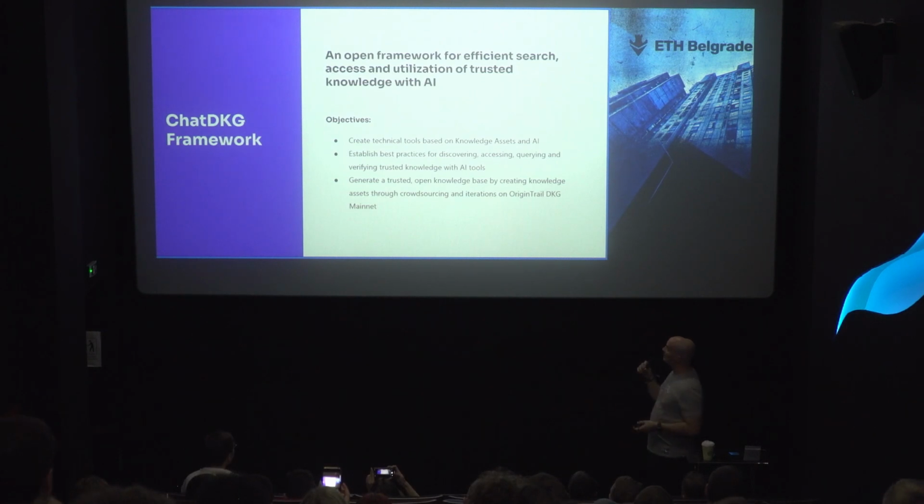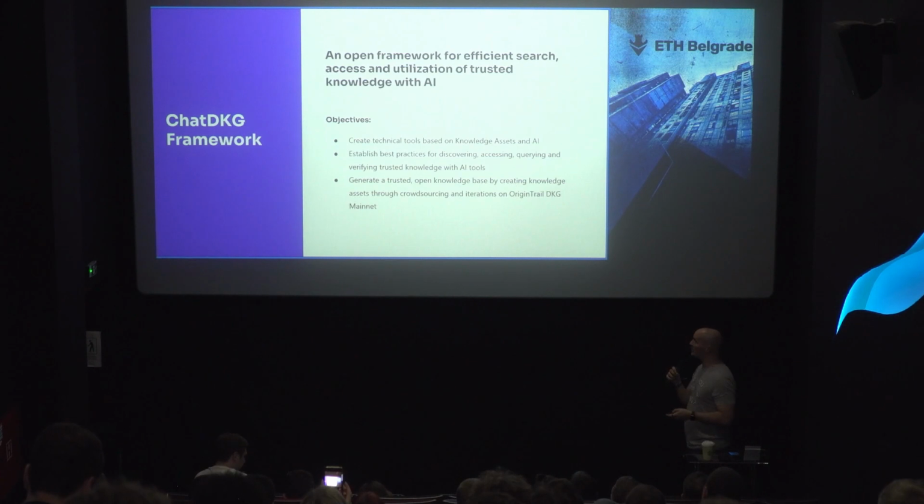These are the objectives. So we want to create tools that basically are based on both knowledge assets and AI, establish best practices for all of these things, and really generate, and that's an important point as well, a trusted open knowledge base. So it's also about sourcing trusted knowledge from different verifiable sources, obviously.